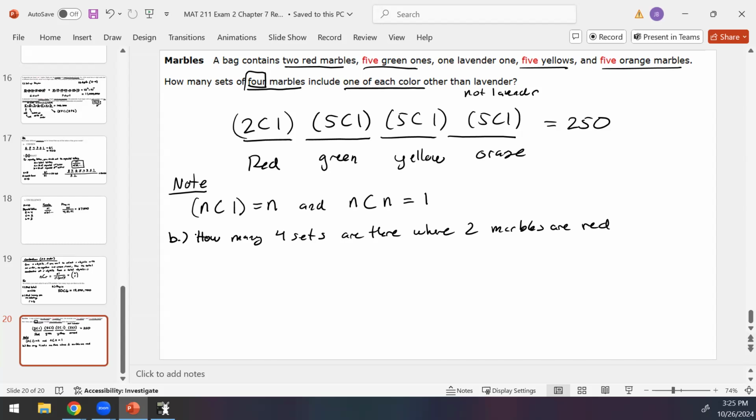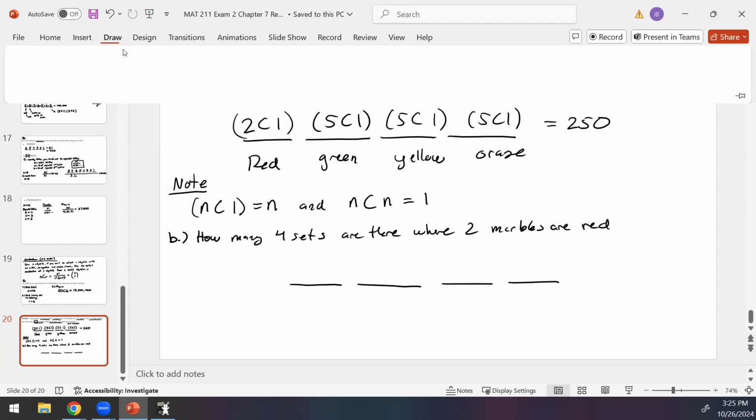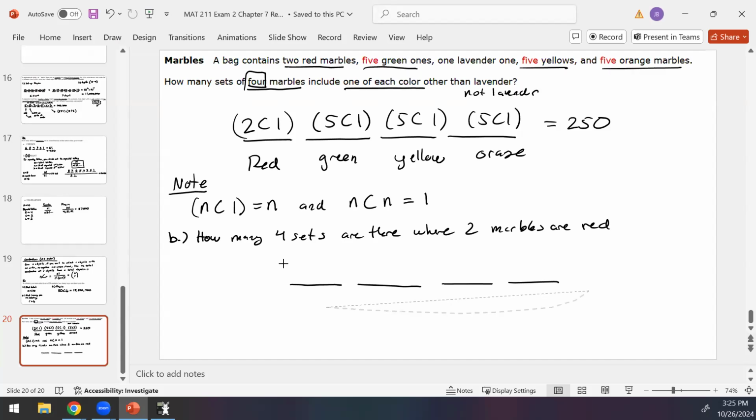So again, how many marbles do you need? Well, I need 1, 2, 3, 4, right? I need 4 marbles. However, there is a restriction, and that restriction is the first 2, or the last 2, or the middle 2, it doesn't matter, but there's no ordering here. We need to make these red, okay? So 2 of the marbles are already picked for you.